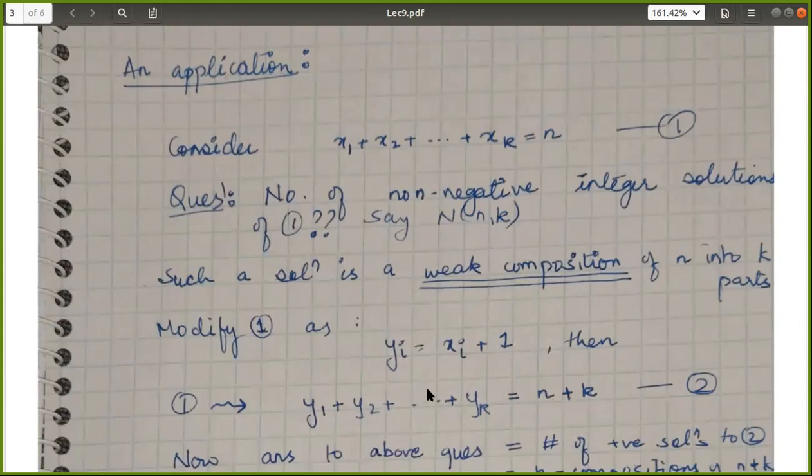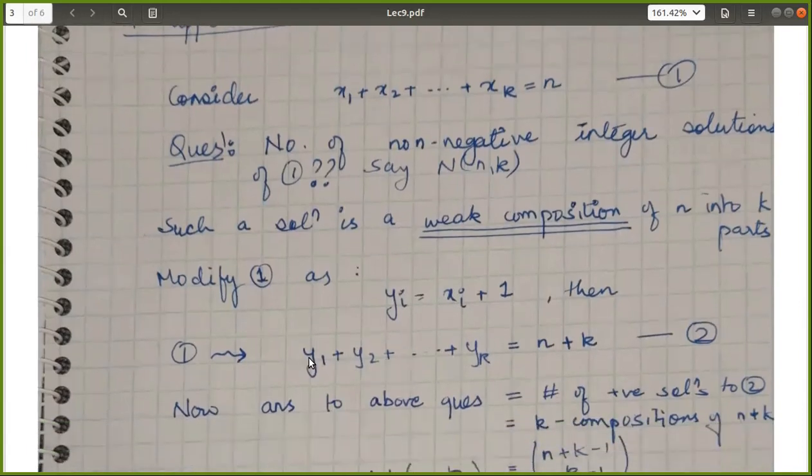Now, all these yi's, are they positive? Yes, ma'am. Yes, because they are formed by adding 1 to something which could have taken the least value as 0. So all yi's are at least 1. So all yi's are positive integers, natural numbers. So this equation now, equation 2, is my k compositions of the number n plus k, right?